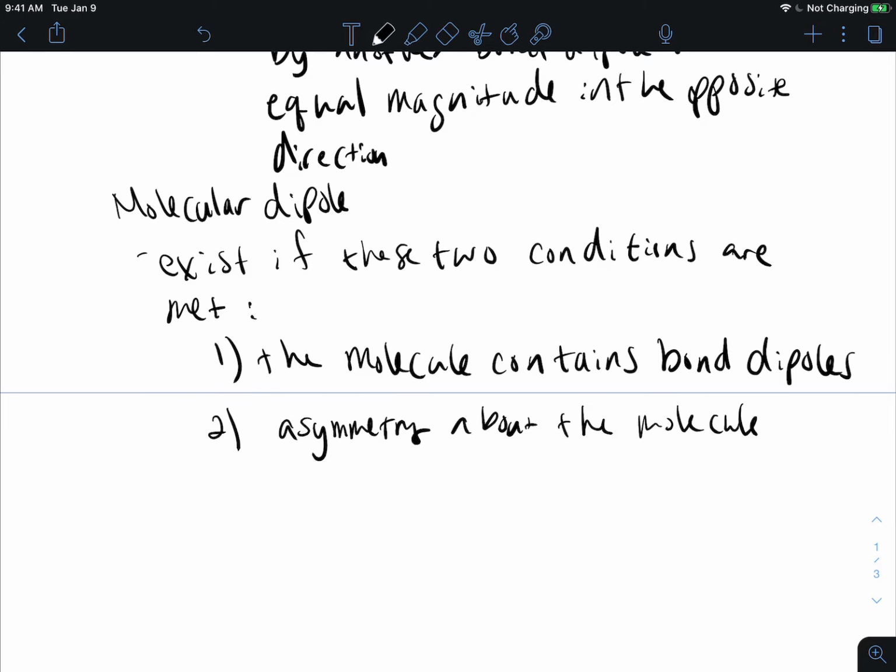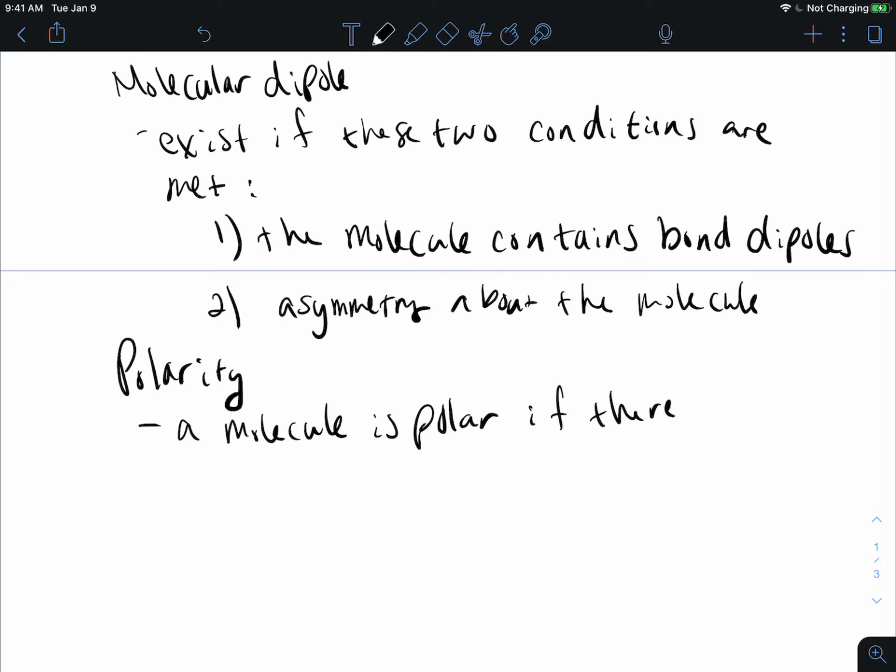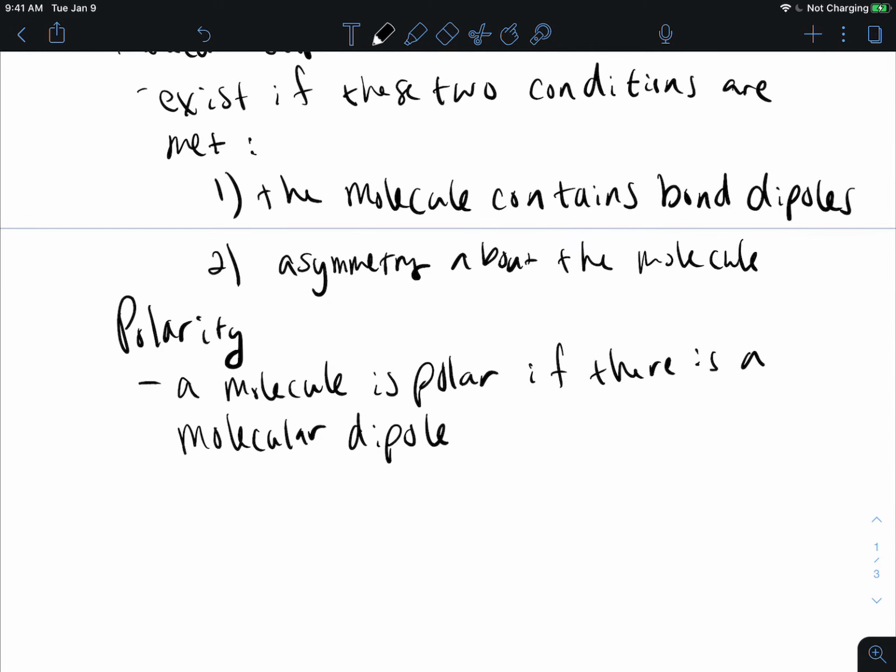So, polarity is when we have a molecular dipole. So a molecule is polar if we have a molecular dipole. To be polar, it means it has poles.